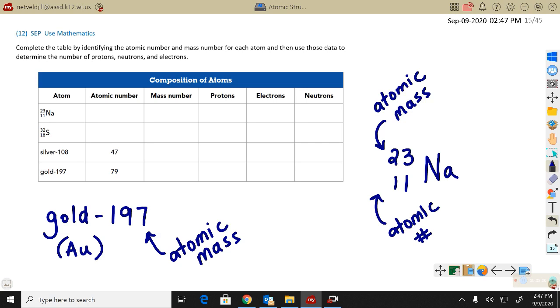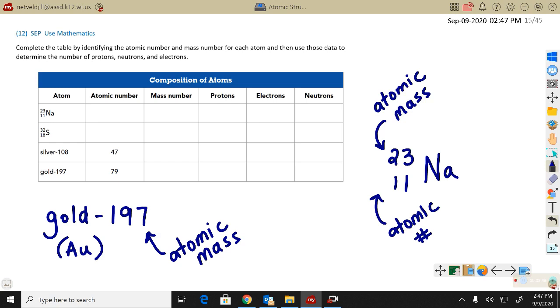If you tell me gold, I can look up gold on the periodic table and I can find its atomic number. In the sodium example, they're giving me the symbol for sodium, which is another weird one, Na, right? Who would have expected that? And then they're telling me the mass and the atomic number, almost as if it were a little tile on the periodic table. The other option is to write out the word and then give the mass behind it.